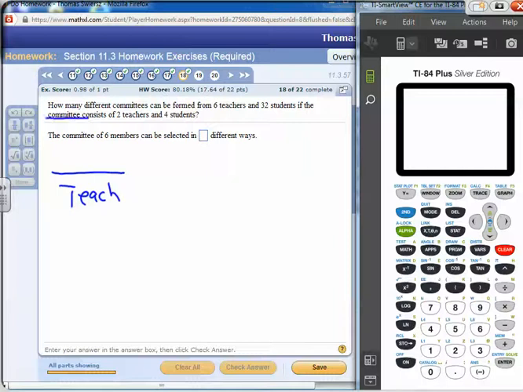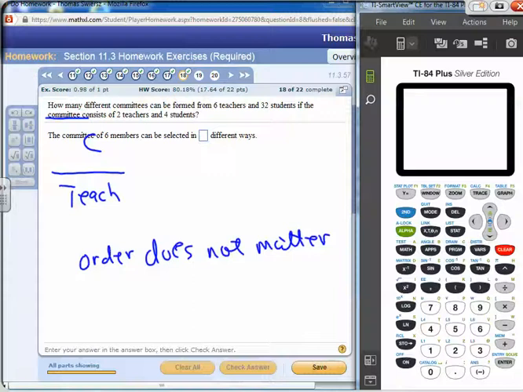And again, they're just serving on a committee, so order does not matter, right? Because they're serving on the same committee whether they're picked first or second. So it's a combination, and it's 6 from a total of 6, and we're selecting 2 teachers.